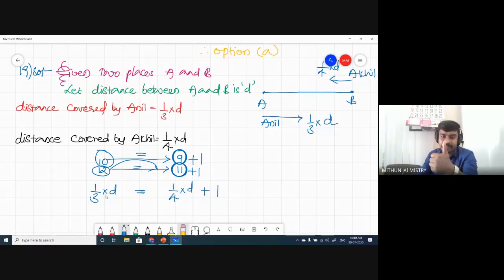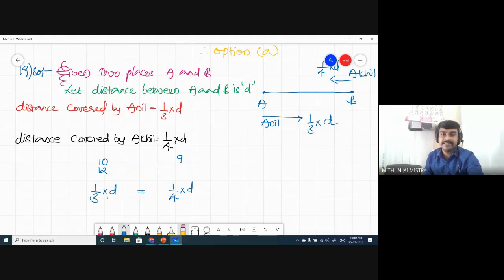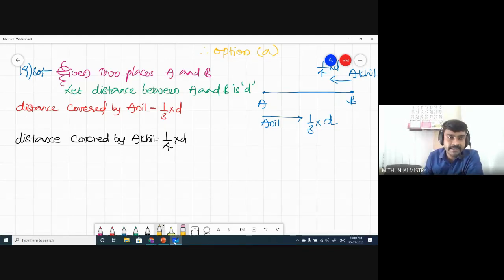I hope you understood. Everybody understood? So here I will write the condition first. The condition is, given, Anil traveled 1 kilometer more than Akhil.